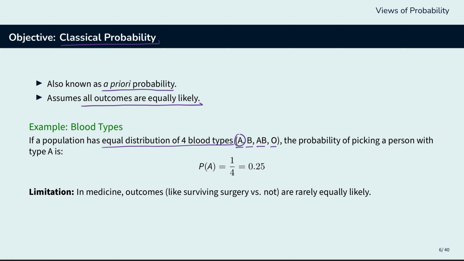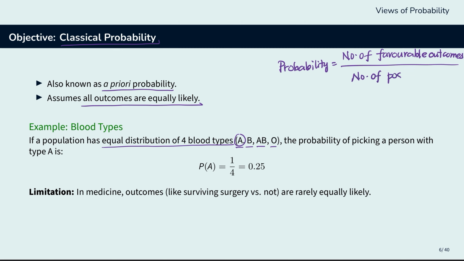It converts probability into a simple formula: the number of favorable outcomes over the number of possible outcomes. This is how we define probability in the classical definition.